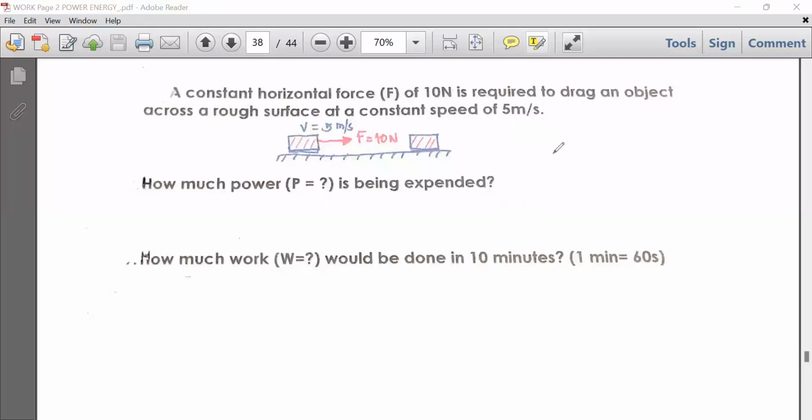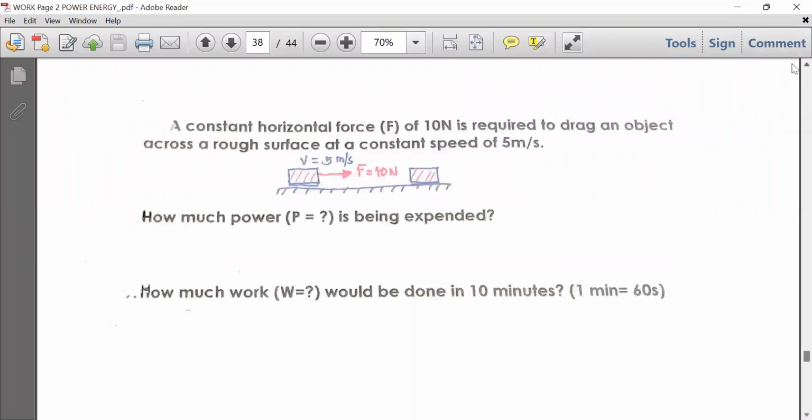So how much power is being expended here? Remember that you have the velocity given and the force given, so we can just use the formula force times velocity. Power is equal to force times the velocity.